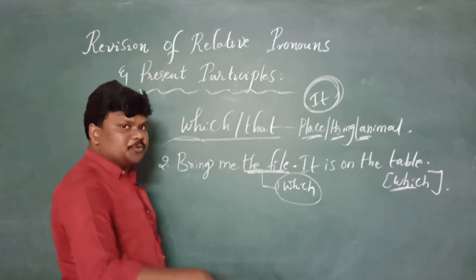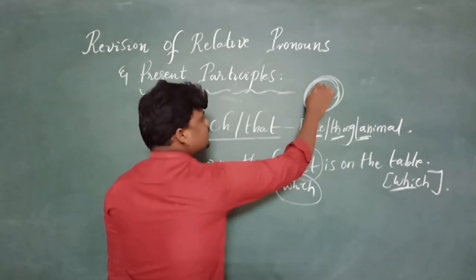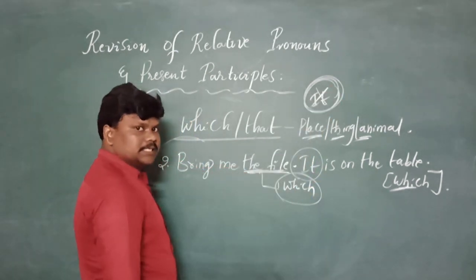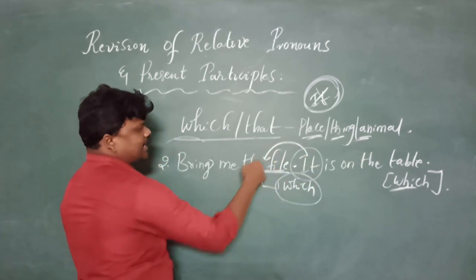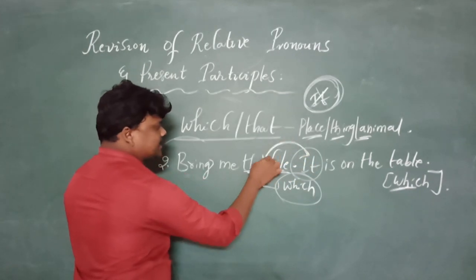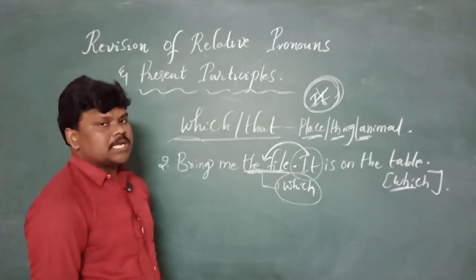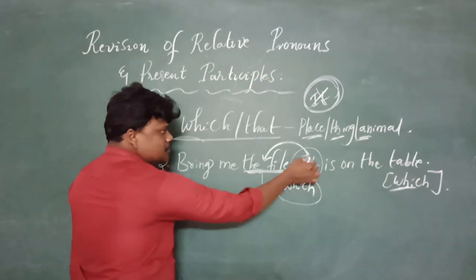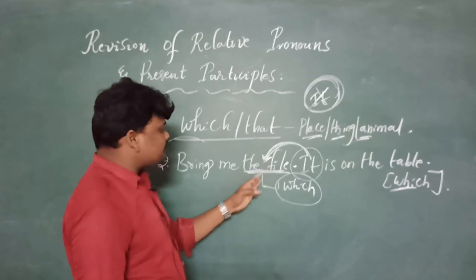And what do we need to remove in the second sentence? We need to remove the second sentence pronoun, which is called it. This pronoun is very close to the file.